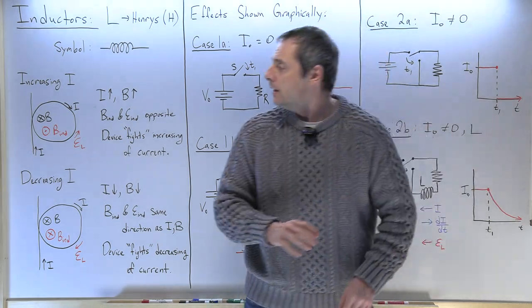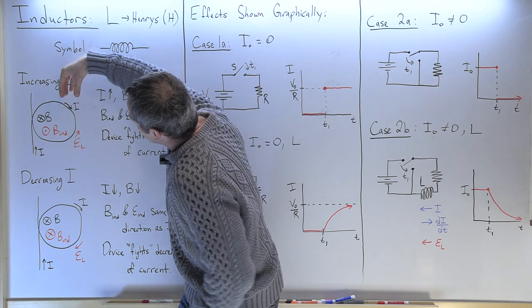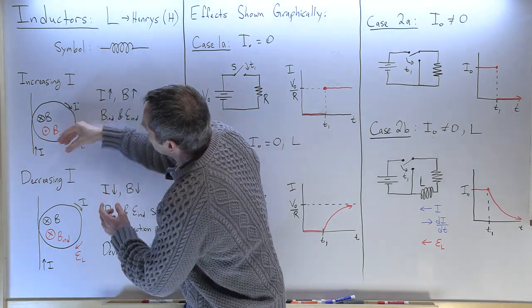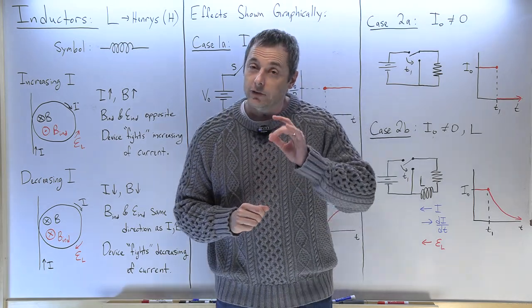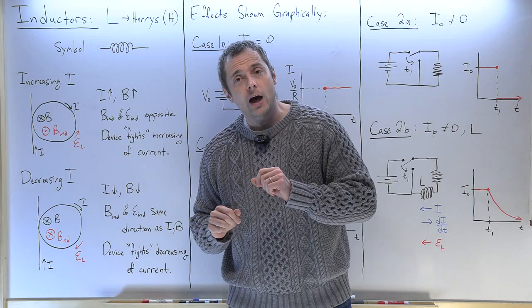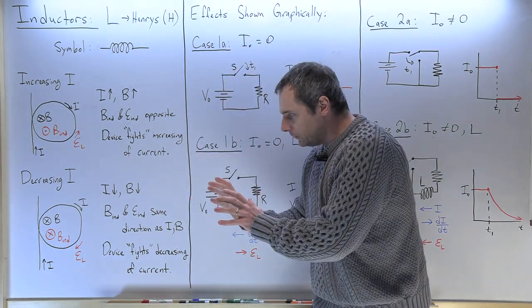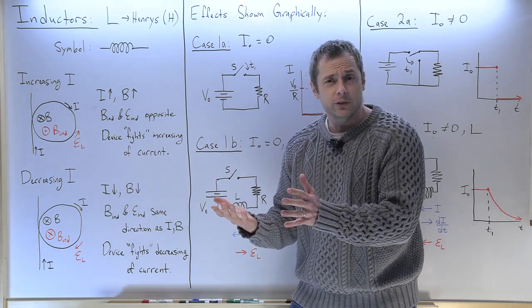Same thing here. I could get this from 1 amp to 2 amps. It's just that it's fighting me, and I gradually push it to get it to 2 amps from 1 amp. And the same thing with a car at 10 miles an hour, steady. Now try and stop it. You push backwards on that car, and it's not like a piece of paper that stops almost instantaneously.